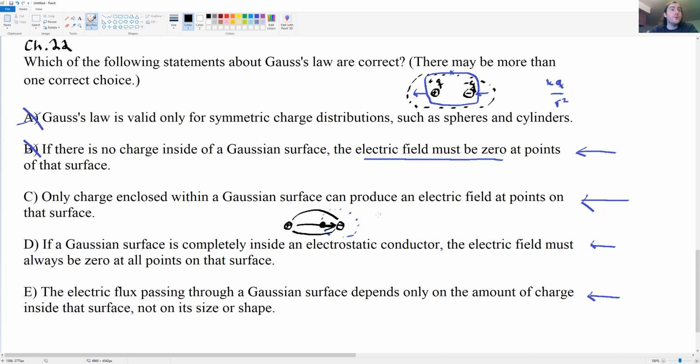We would never use Gauss's law to figure out what the electric field is for a dipole, because Gauss's law requires a little bit of symmetry to use practically. It still applies when there is no symmetry, but it is not practical to use when there's not enough symmetry.